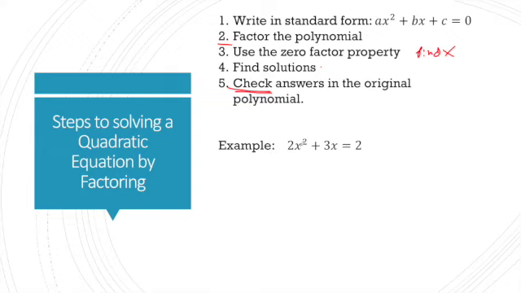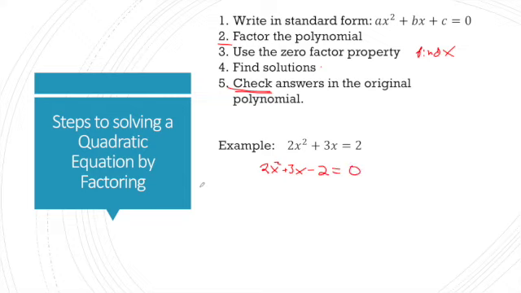So if I have 2x squared plus 3x equals 2, this isn't in standard form, so I need to move 2 to the other side. That gives me 2x squared plus 3x. I'm going to subtract 2 from both sides, and that gives me 0.